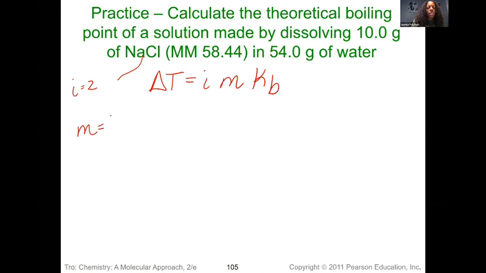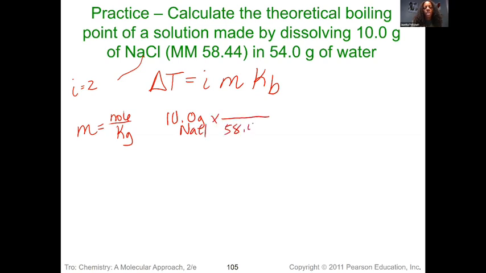The molality is going to be the moles of solute divided by the kilograms of solvent. So our moles of solute we can calculate by taking our 10 grams of sodium chloride and using our molar mass to get to the moles. So we would take 10 divided by 58.44, and that's going to give us 0.171 moles.